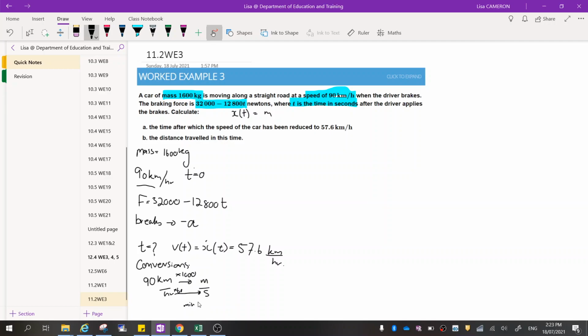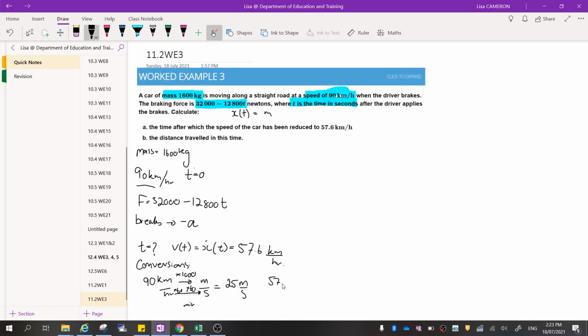And then there are 60 seconds in a minute, so I need to times it by another 60. So that means that my 90 kilometers per hour is going to change into 25 meters per second.